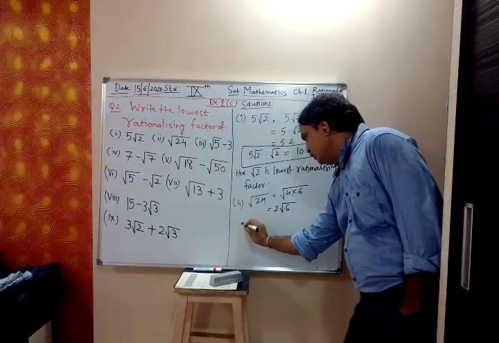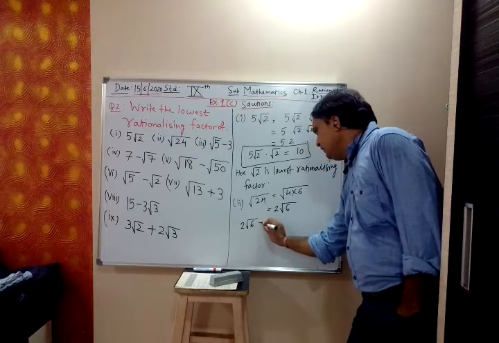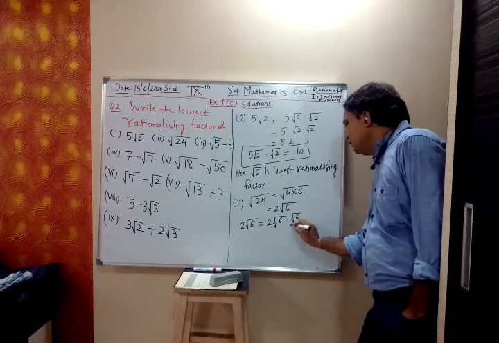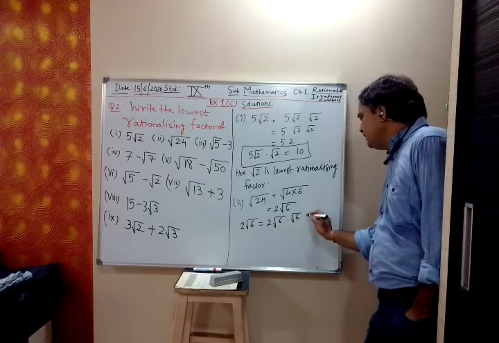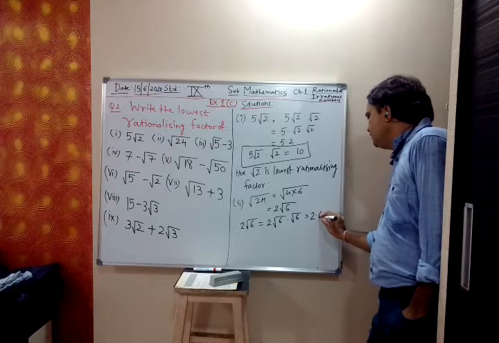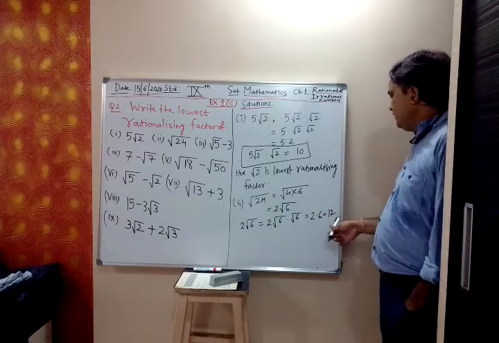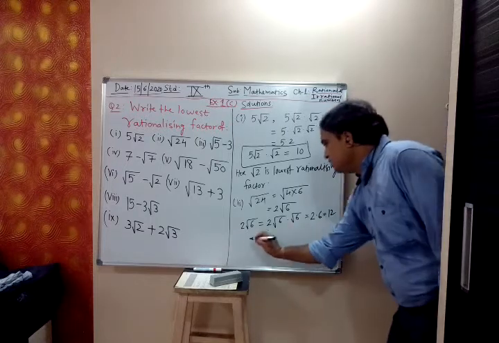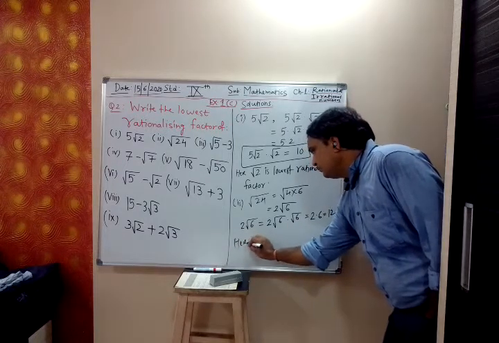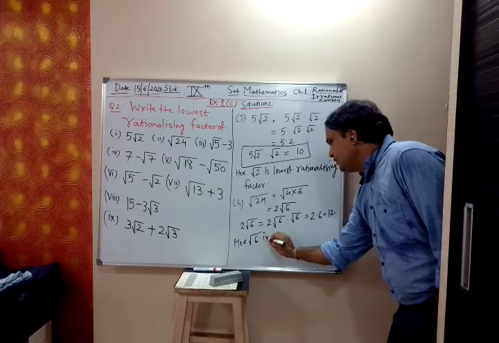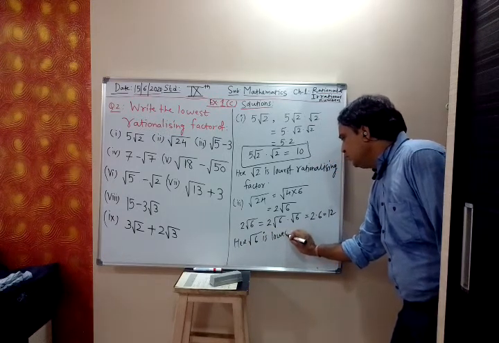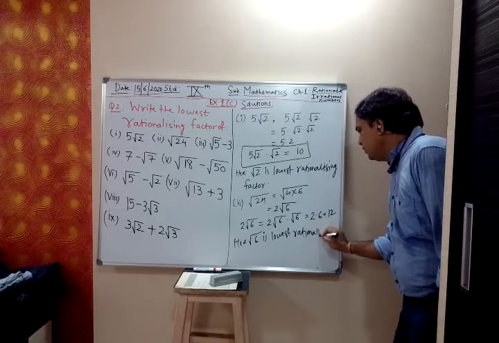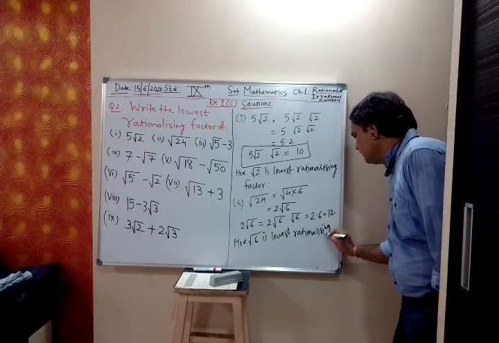So 2 root 6, we multiply by root 6, 2 root 6 into root 6. Root 6 into root 6 will be 6. So 2 into 6 is 12, which is now a rational number, as the irrational part is not there. So here root 6 is the lowest rationalizing factor.